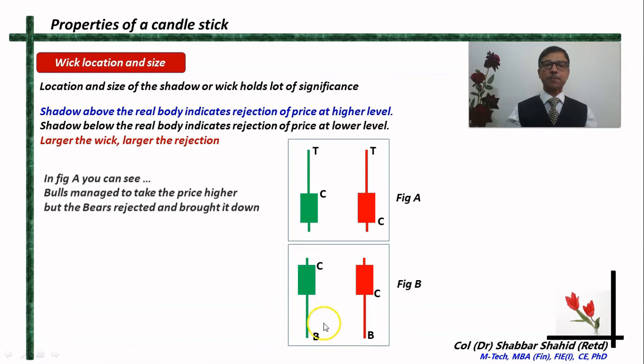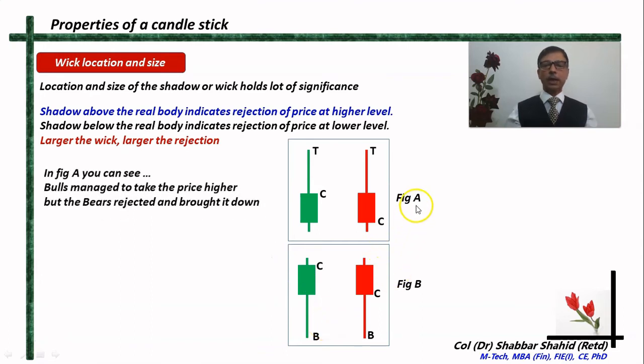Now what do we understand by this? Look at figure 1 or figure A. Here you can see that in both cases, this green candle as well as the red candle, the bulls have managed to take the price higher till this point, the point T, or the top.